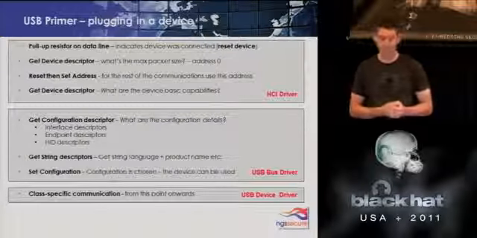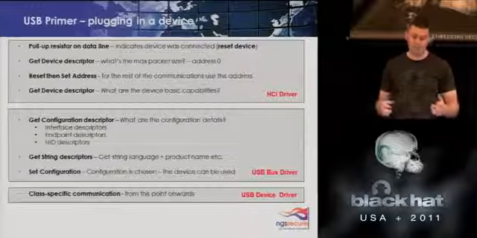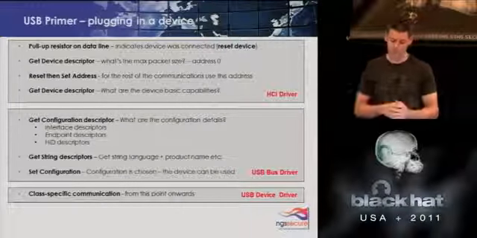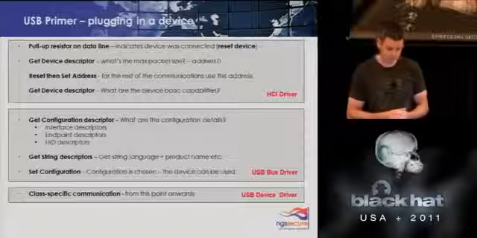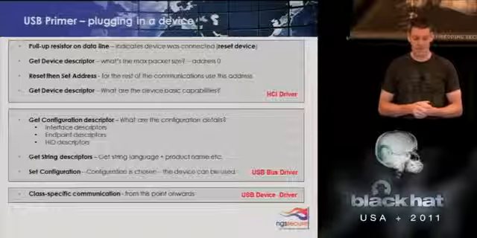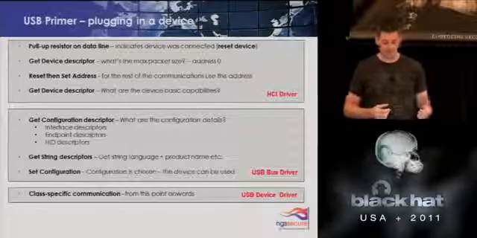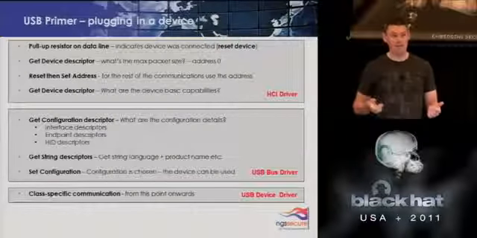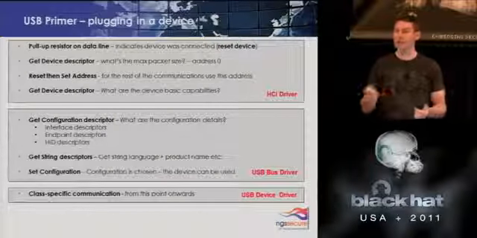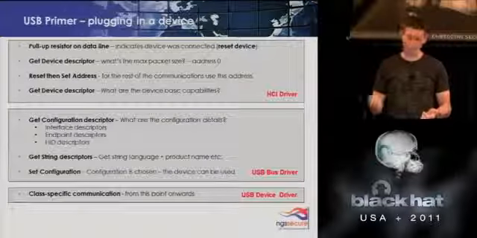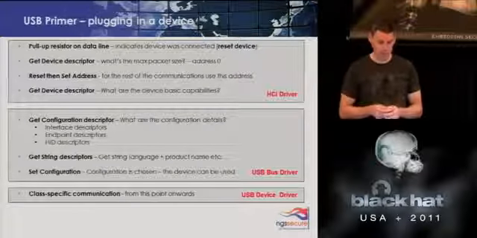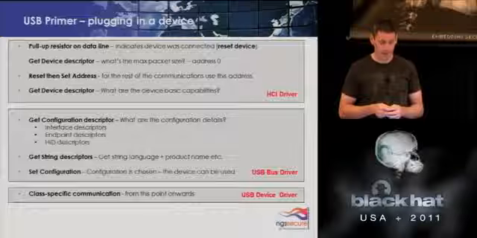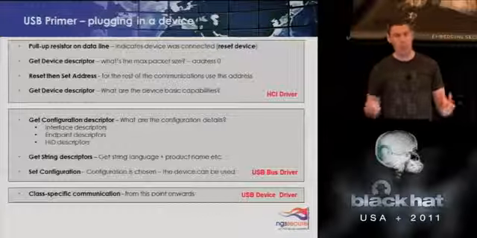Once that's happened, information starts communicating with the USB bus driver. And what that says is, okay, I want a bit more detail about this device. I know the device descriptor specifies things like the vendor and the type of product, which we'll come back to in a minute. But now it's asking for more specific information.